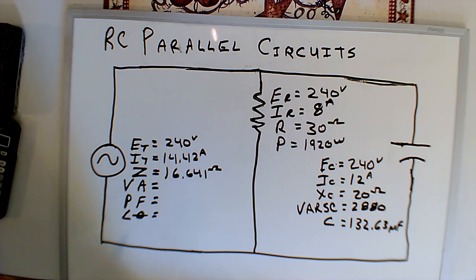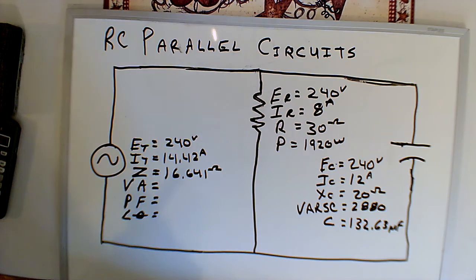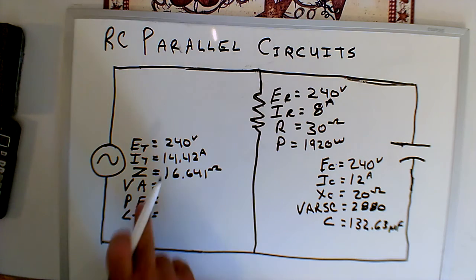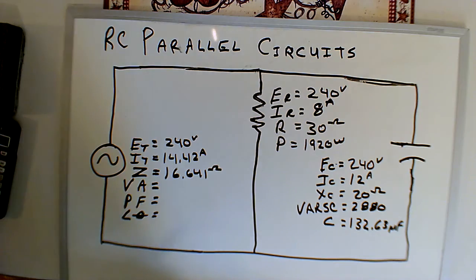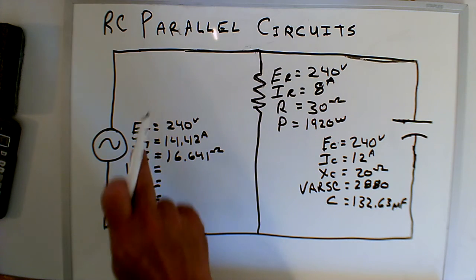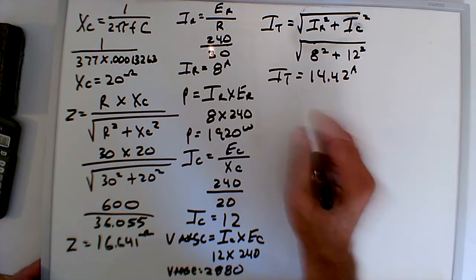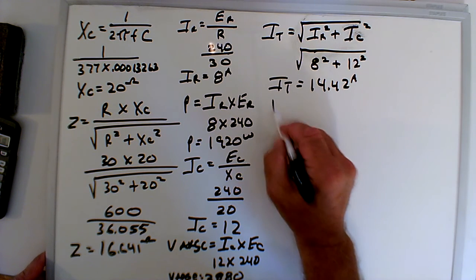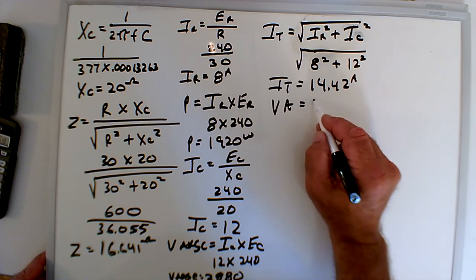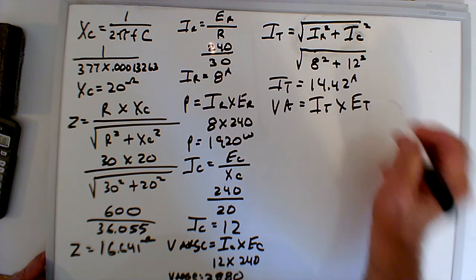With that information, I can solve for VA. I could use the VAR C and the true power to figure out the apparent power, or the VA. But if not, I can use another formula for VA, which is I times E. So IT times ET would also give me the VA. So let's see. VA is equal to IT times ET.